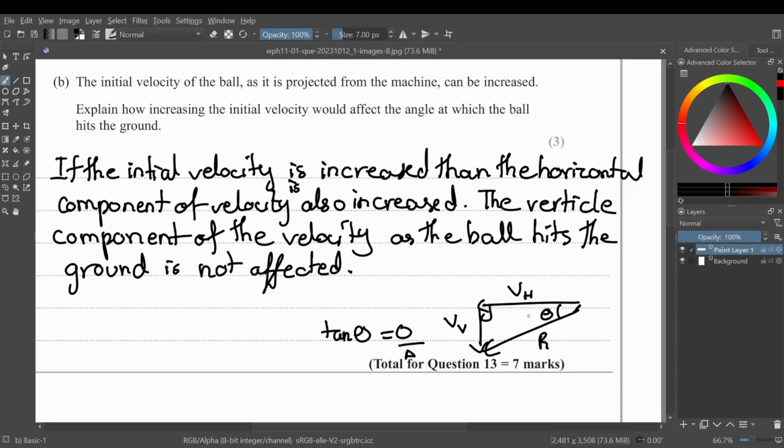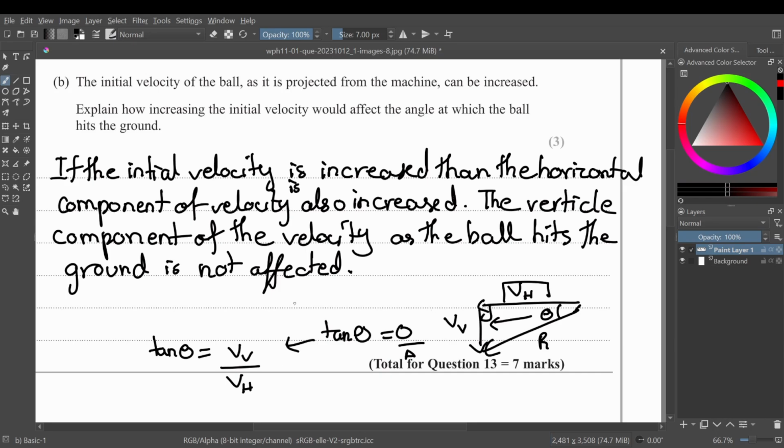Opposite is this, opposite to the angle, and this is your base, which is your adjacent. So tan theta equals opposite, which is the vertical component of velocity, divided by the horizontal component of velocity.